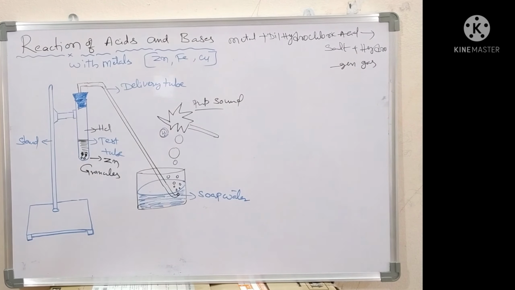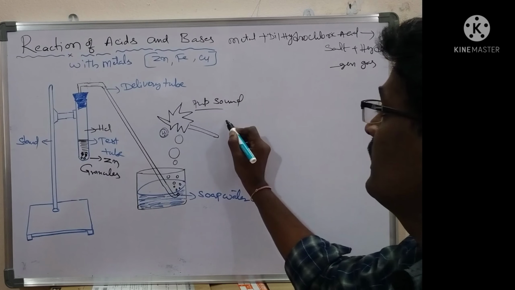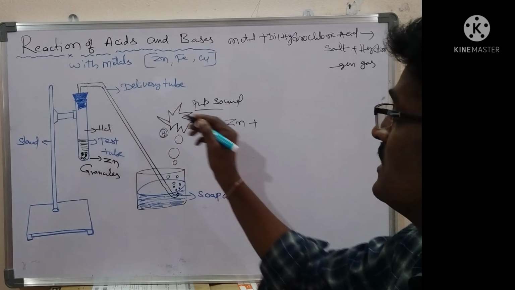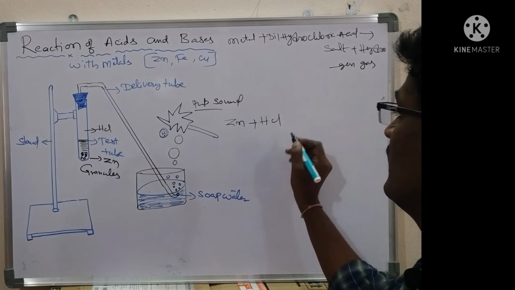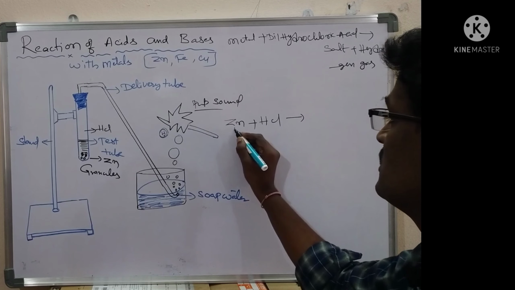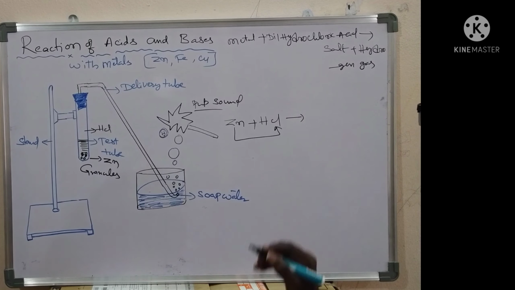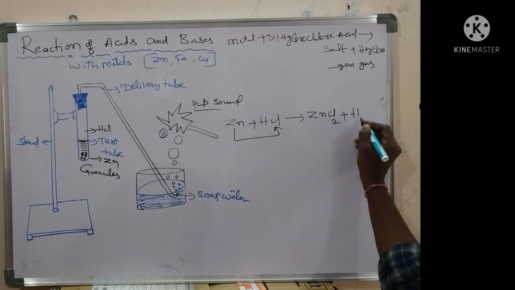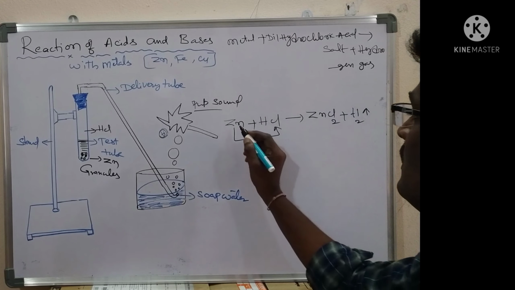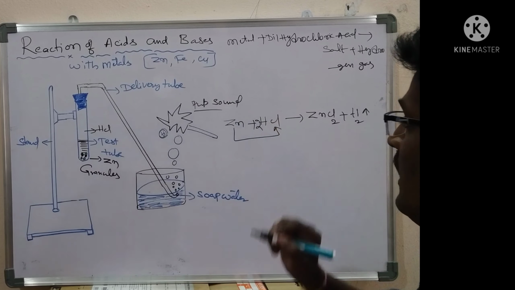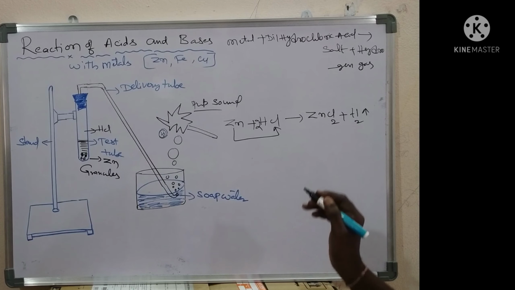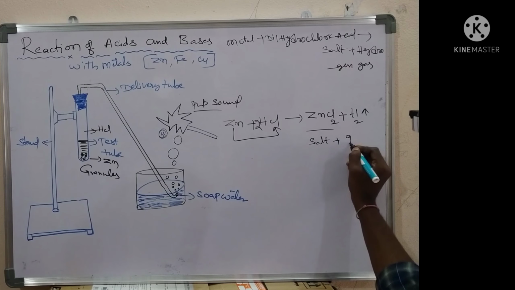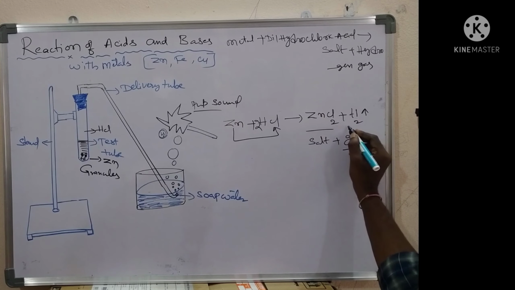I will write the equation here. The metal we have taken is zinc, and dilute hydrochloric acid, HCl, is the acid. This zinc reacts with HCl, which gives the salt zinc chloride and H2 gas. Now, to balance the equation, it is Zn + 2HCl gives ZnCl2 + H2. Which gas is it?